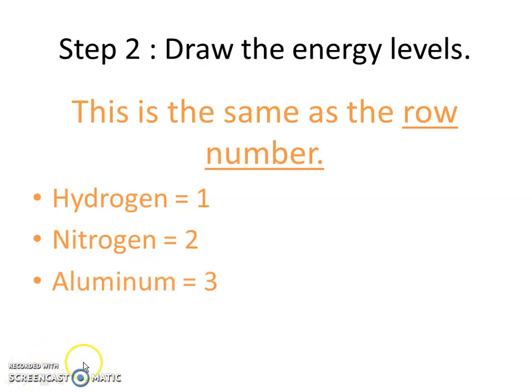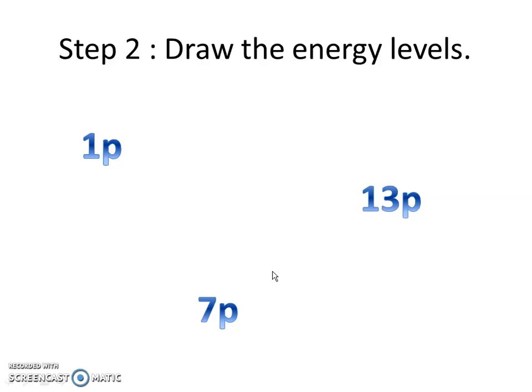One of the most common mistakes here is that people don't count the very first row that has just hydrogen and helium in it. So make sure you count that very top row. So now what we're going to do is go back to our box on the right, and we're going to draw in circles around the 1p, 7p, 13p.